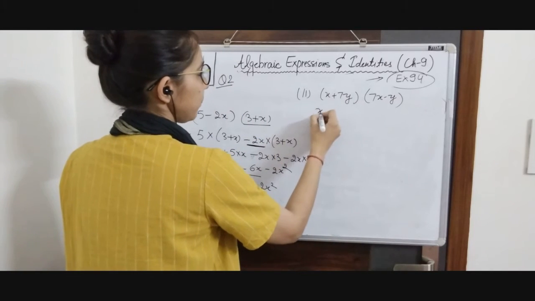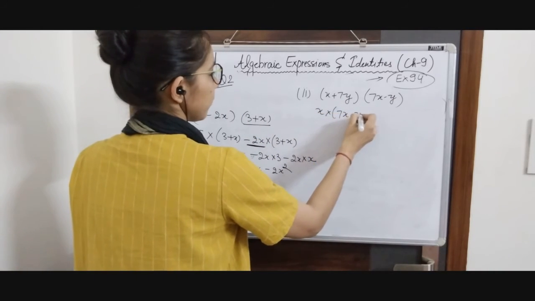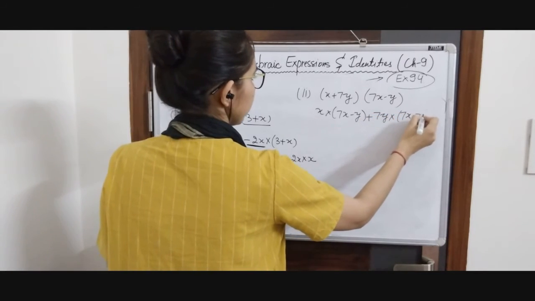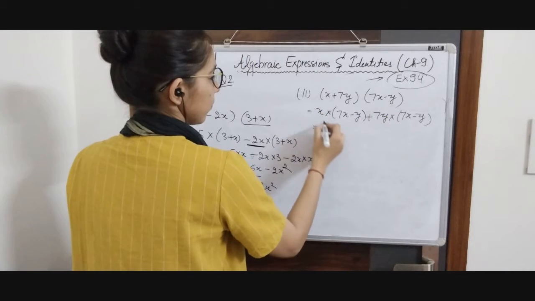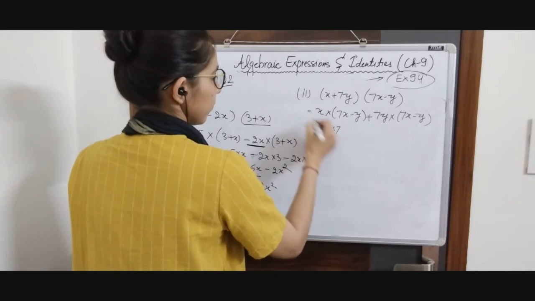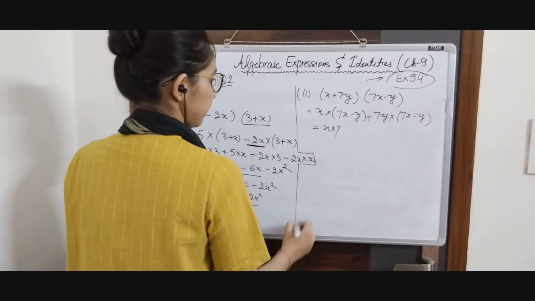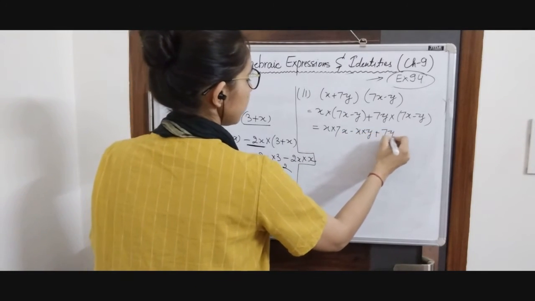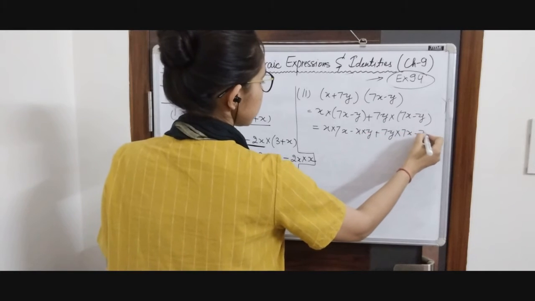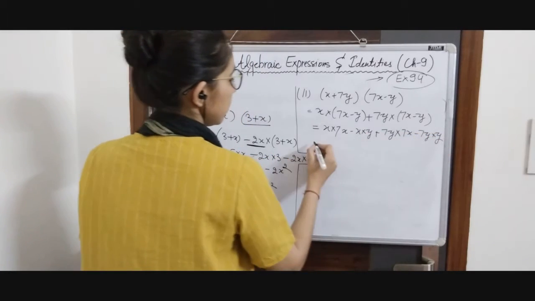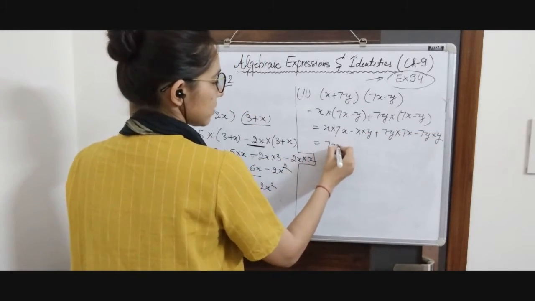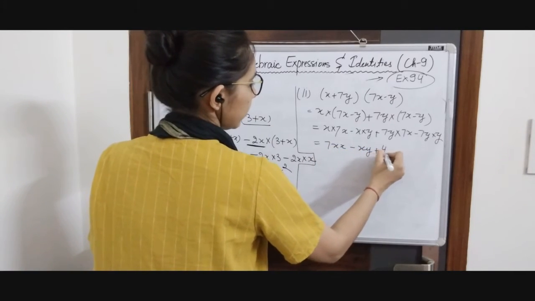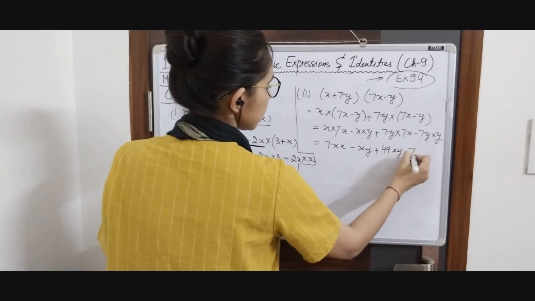Same method. x into 7x minus x into y plus 7y into 7x minus 7y into y. This is going to be 7x square minus xy plus 49xy minus 7y square.